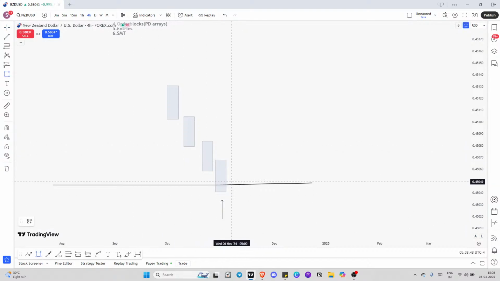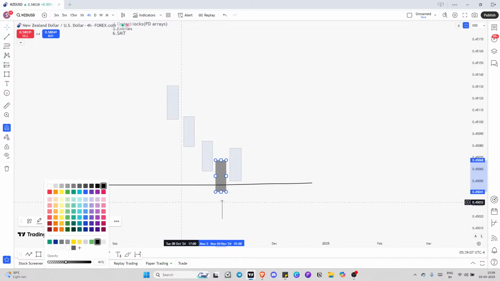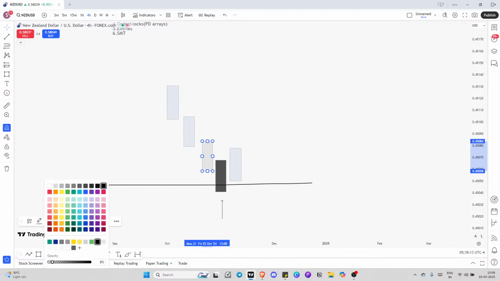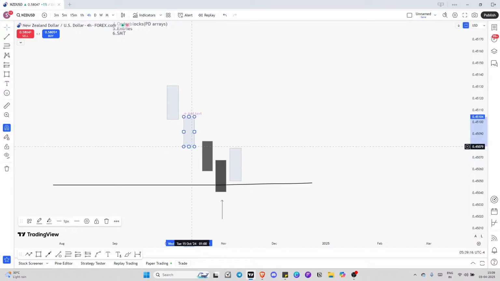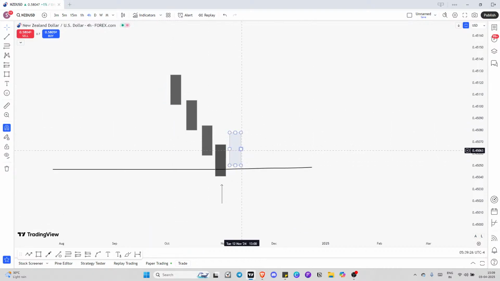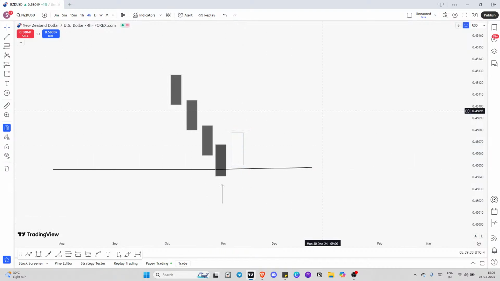And then the market pushes the price higher. So these are the darker ones. Let's make this white in color.